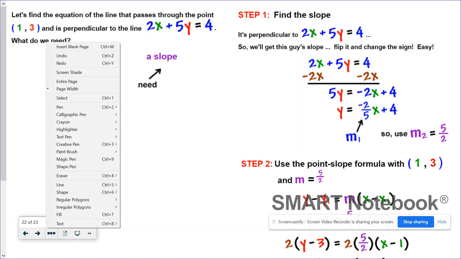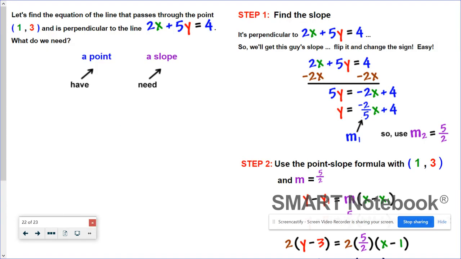So in this example here, we want to find the equation of the line that passes through the point 1, 3 and is perpendicular to the line 2x plus 5y equals 4. We need a point, which we have. We need to know the slope of our perpendicular line. So step one is to find the slope. So once again, they are taking the given equation and rewriting it in slope-intercept form.